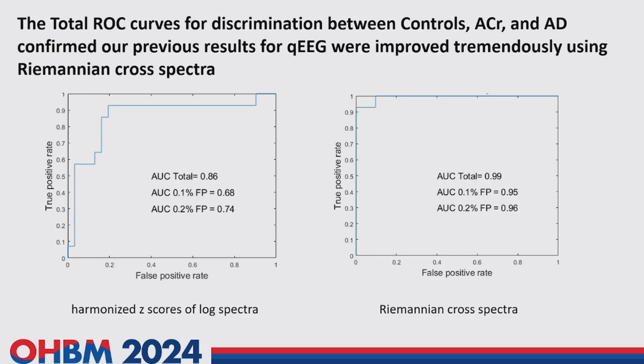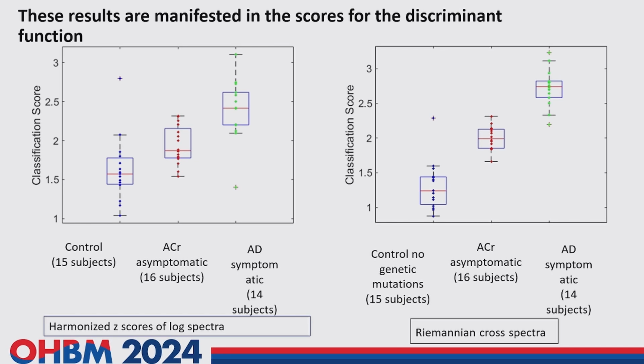Using the harmonized norms described by Pedro, we obtain even better discrimination between groups, as can be seen by comparing the left and right ROC. A box plot of the classification using the classical QEEG on the left and harmonized QEEG on the right shows that the discrimination between groups is much clearer with harmonized QEEG.